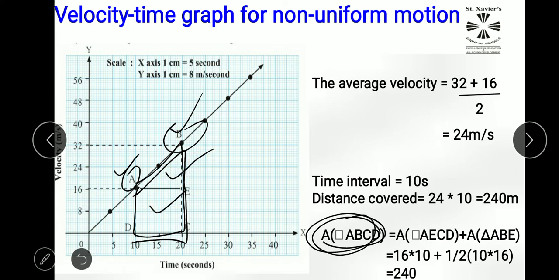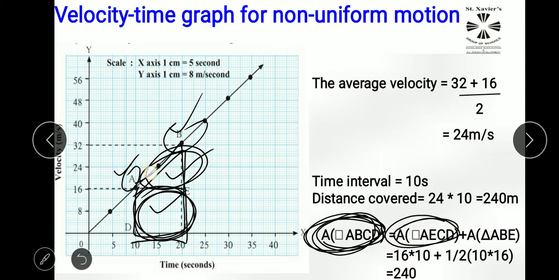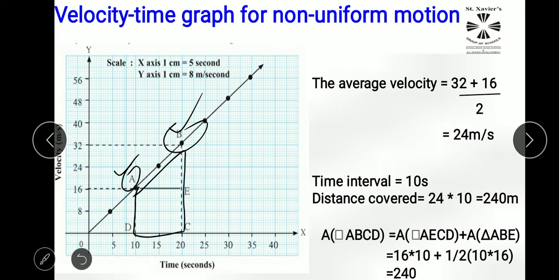So we'll write area of quadrilateral ABCD is equal to area of AECD, the lower quadrilateral, plus area of the upper triangle ABE.